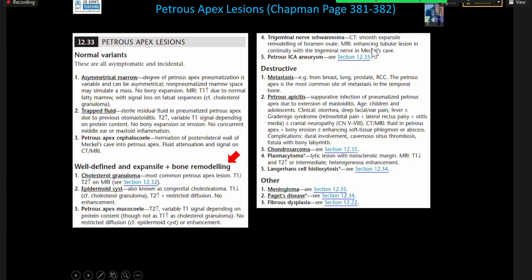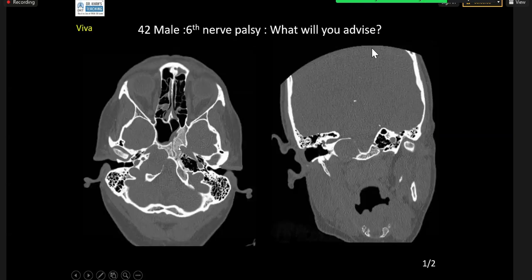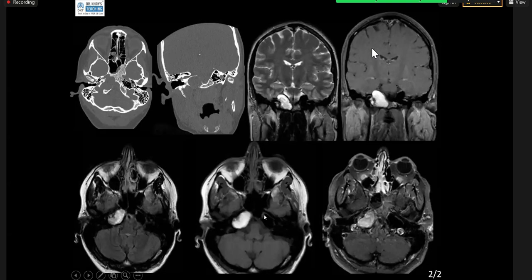And so for petrous apex lesions, there is another differential diagnosis, but the most common petrous apex lesion is T1 and T2 high signal. Remember this. This is another example where there is expansion of the bone, much more than our case.